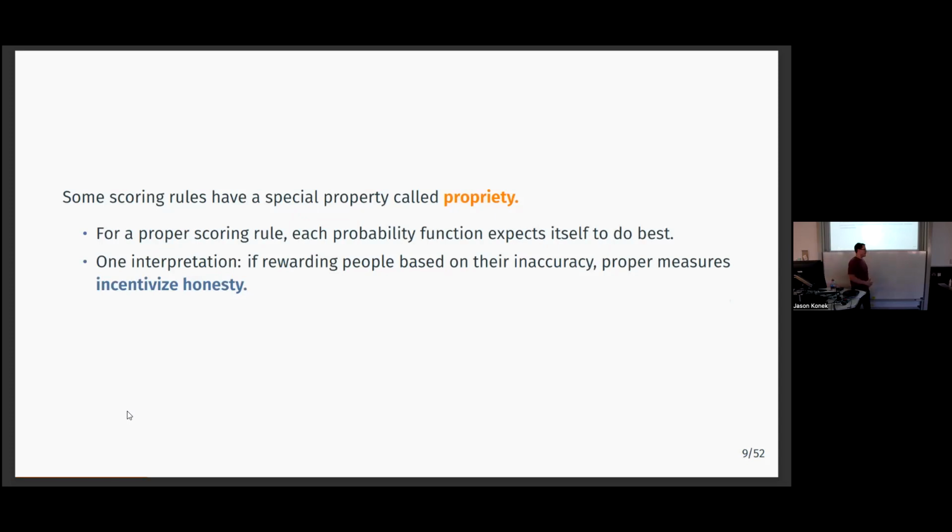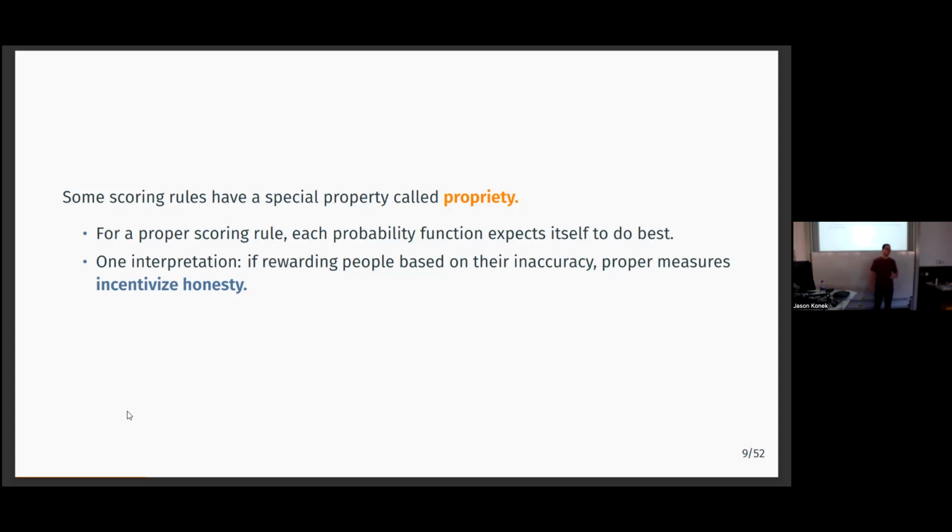Okay, so one thing we're really going to focus on today is called propriety. What propriety is, is that each proper scoring rule, each probability function in expectation assigns itself the best score.